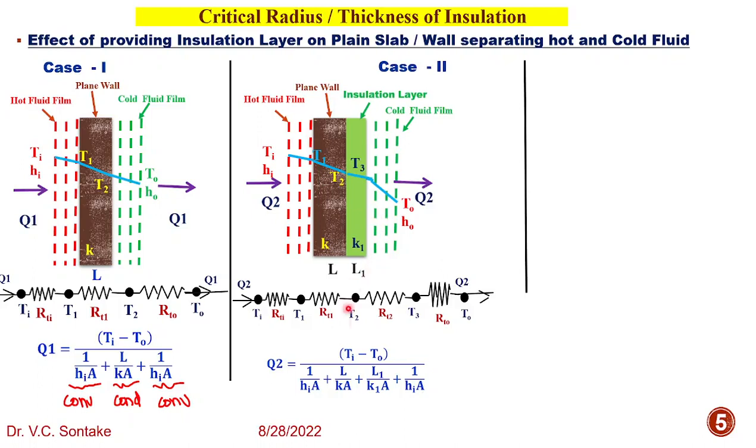Now, what is worth mentioning here is that with the provision of the insulation layer, the extra conductive thermal resistance is added to the denominator, and because of the addition of this conductive thermal resistance by this insulation layer, the heat transfer rate Q2 will decrease as compared to Q1.